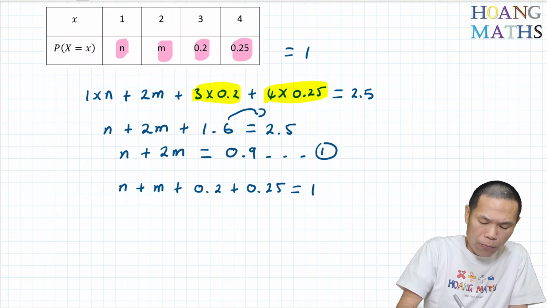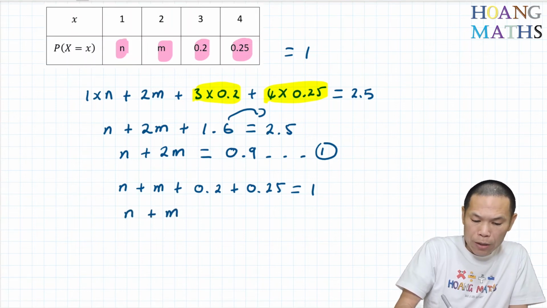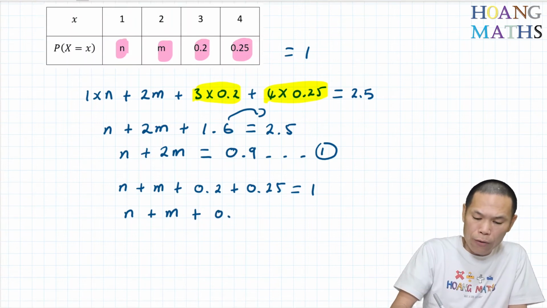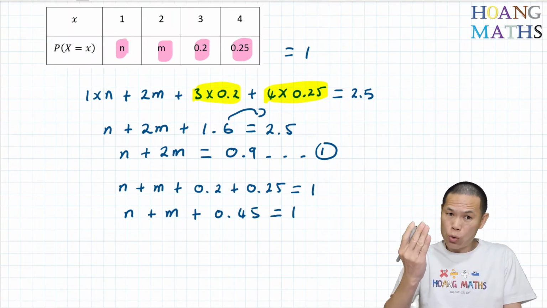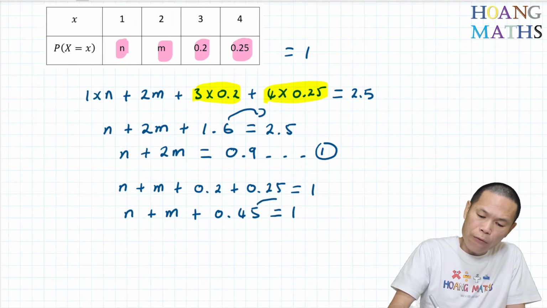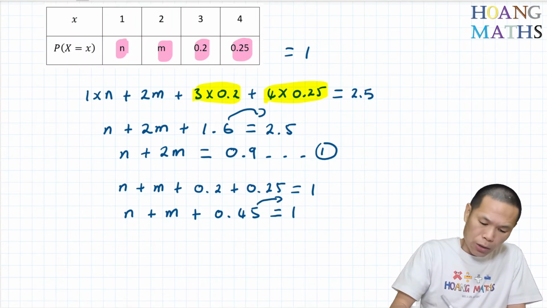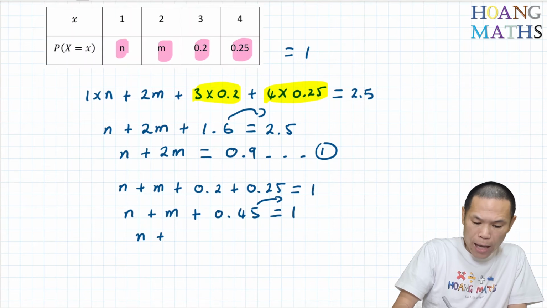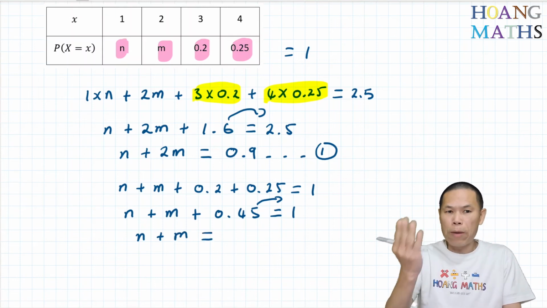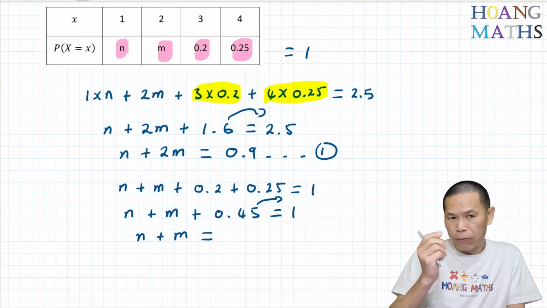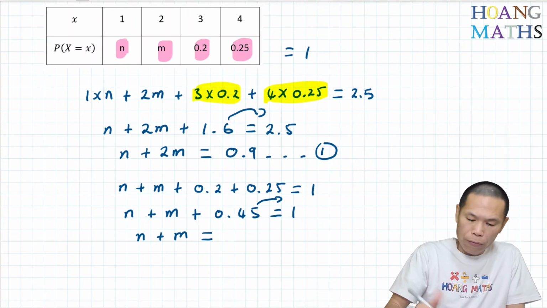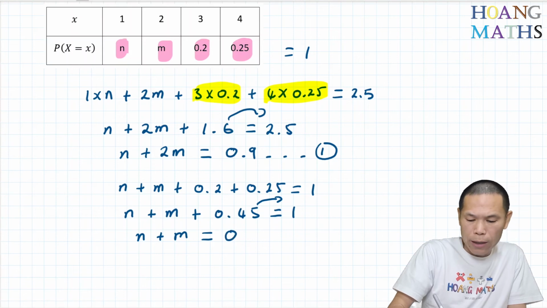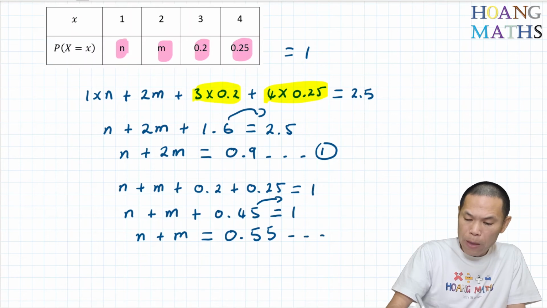So let me just write this down. n plus m plus, we add them up, so 0.2 plus 0.25, 0.45, which gives me 1. So now what I do, I just move 0.45 to this side, so that becomes minus. So that means n plus m is equal to 1 minus 0.45, which gives me 0.55. Otherwise, just put that on a calculator. So 0.55. So this is equation number 2.